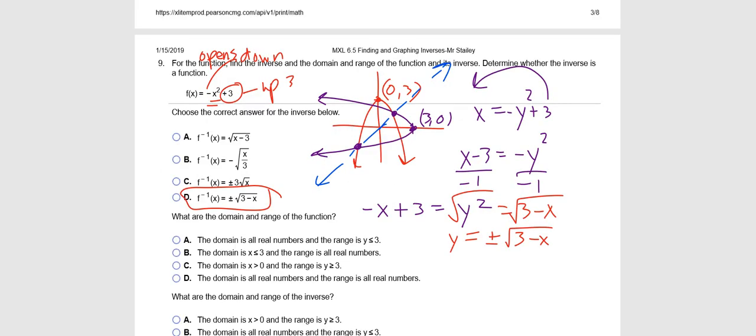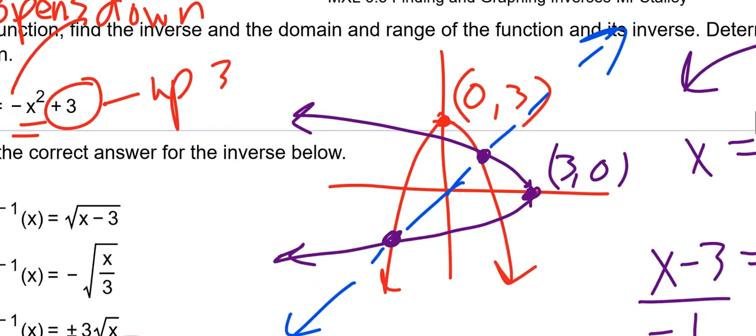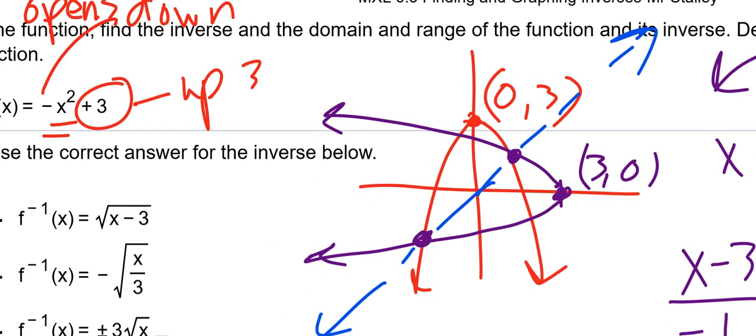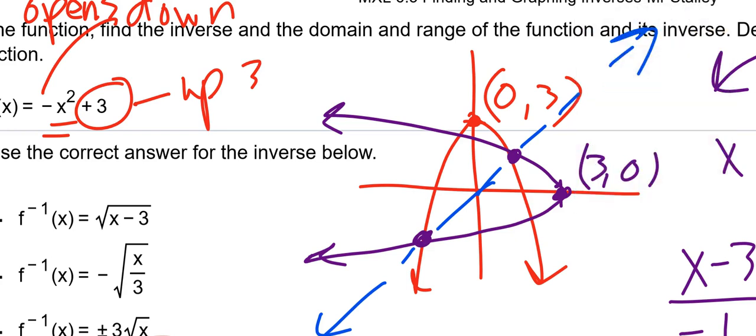So look at this, because I did this earlier with some students. We were dealing with -x squared plus 3. Parabola, the red one, opens down. It was shifted up 3 units. So I made a big deal out of these 2 dots right here that I circled in green.